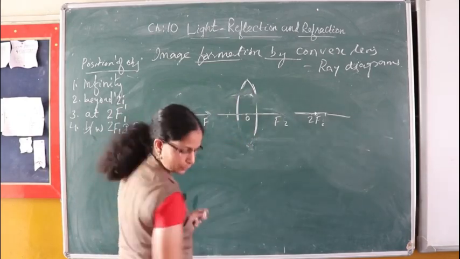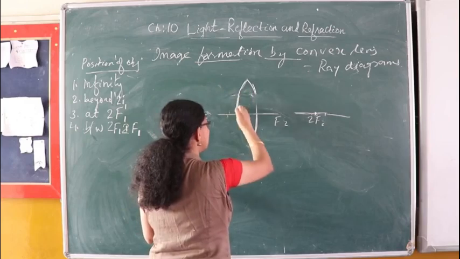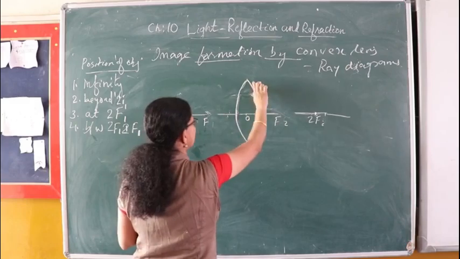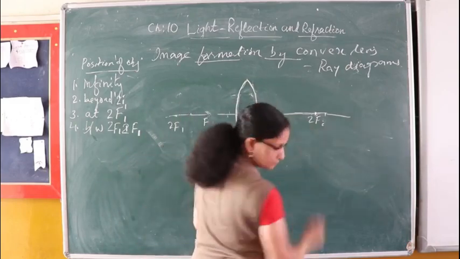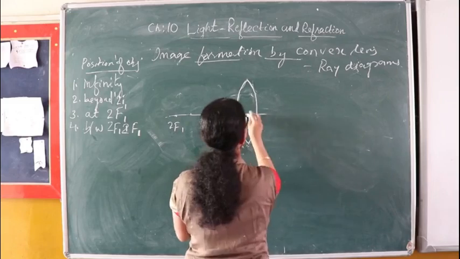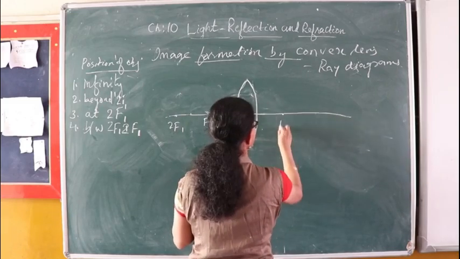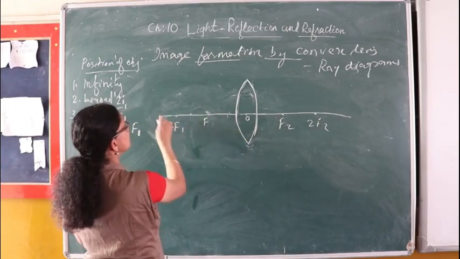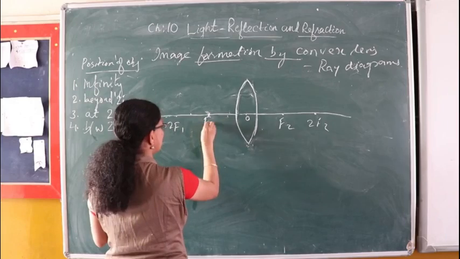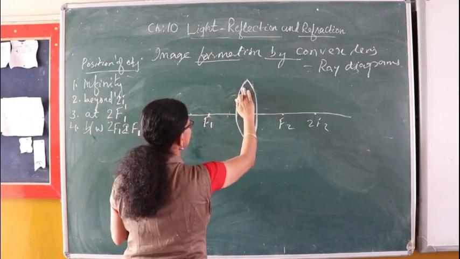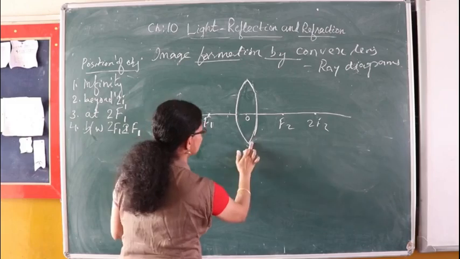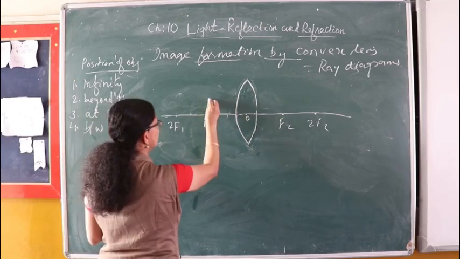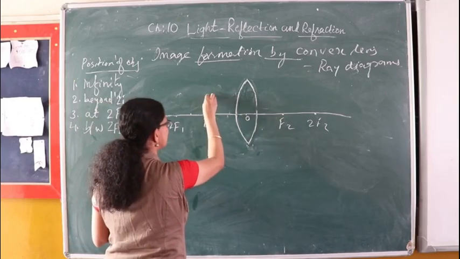Here this is f2 and 2f2, here this is f1, and the object is now kept at the principal focus. When the object is kept at the principal focus, we can see how the image is formed.